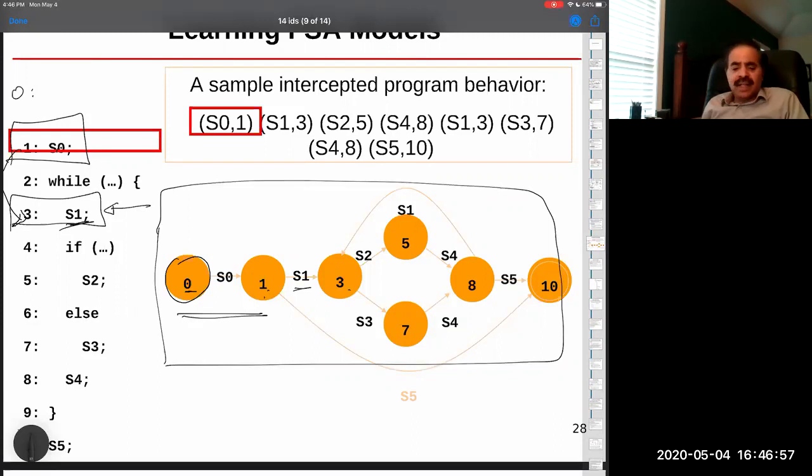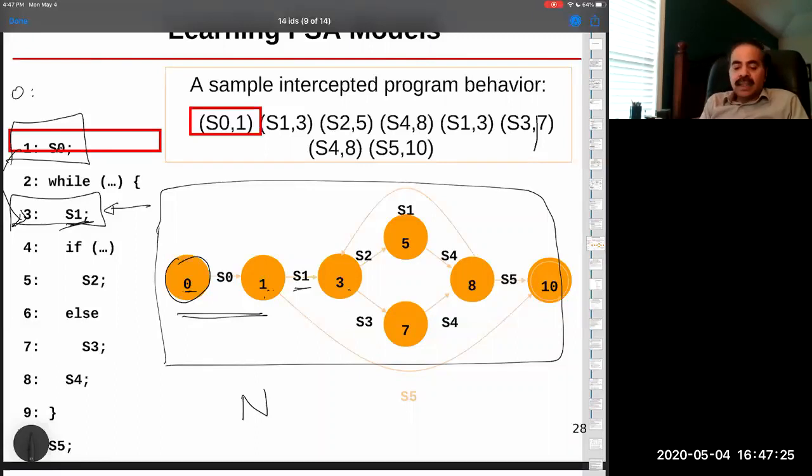The advantage here is that you can very quickly capture the entire behavior of the program without running into the exponential problem that you have with n-grams. In particular, if there are n locations in the program, there are going to be only n states in the finite state machine.